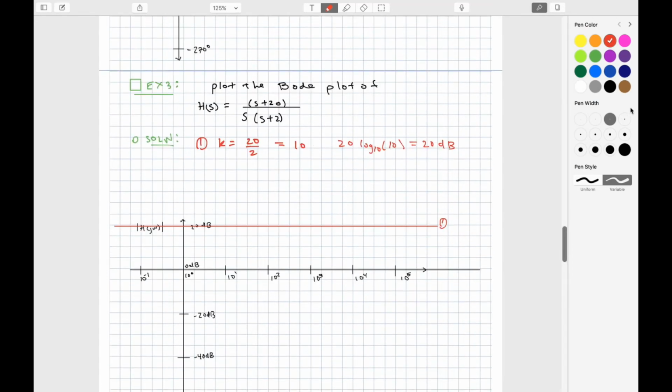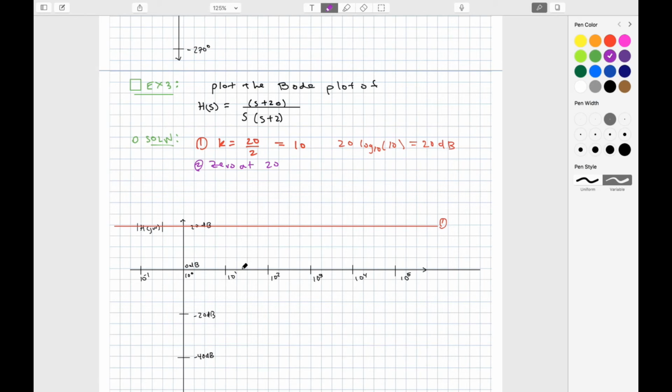Next, I see the 0 at 20. So let's go ahead and write that in. Of course, specifically it's at negative 20. Doesn't particularly matter. The way that logarithmic plots work is that I go 10 to the 1, and then I go to 20 to the 1.